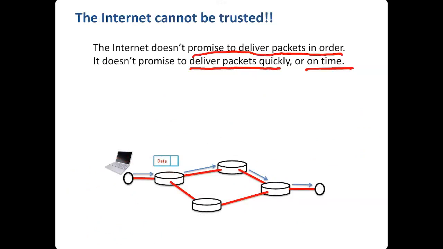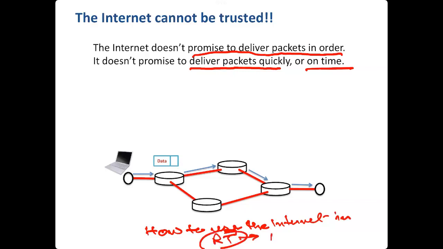Then if you are using it in real-time applications, for example controlling missile firing from some distance, which requires a precision of nanoseconds, how do you control that? So the question you can ask yourself and try to answer is: how to use the internet in a real-time application? Real-time means a mission critical application, you can say.